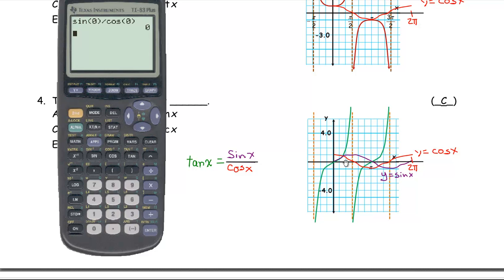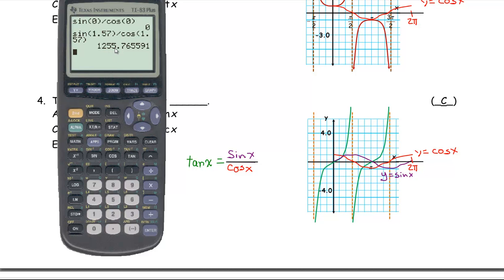Now, if we get close to the asymptote, I'm going to do the same thing I did with the secant graph up here. If I were to take a sine value of an angle very close to that asymptote, but to the left of it slightly, remember 1.57 was just before the pi over 2, and divide it by the cosine of the same value, of course, that would be the tan value there. So that's an angle just slightly before the pi over 2 vertical asymptote here.